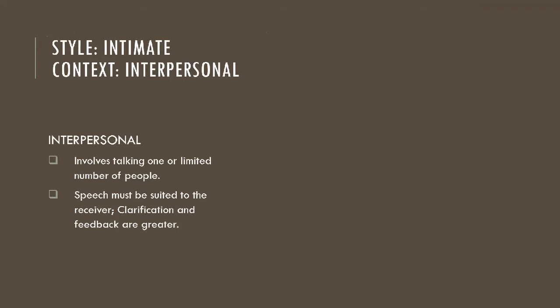Speech must be suited to the receiver. Clarification and feedback are greater. This context requires the speech to be designed to a specific receiver so that clarification and feedback are greater. This can be possible if the sender and the receiver have the same schema.